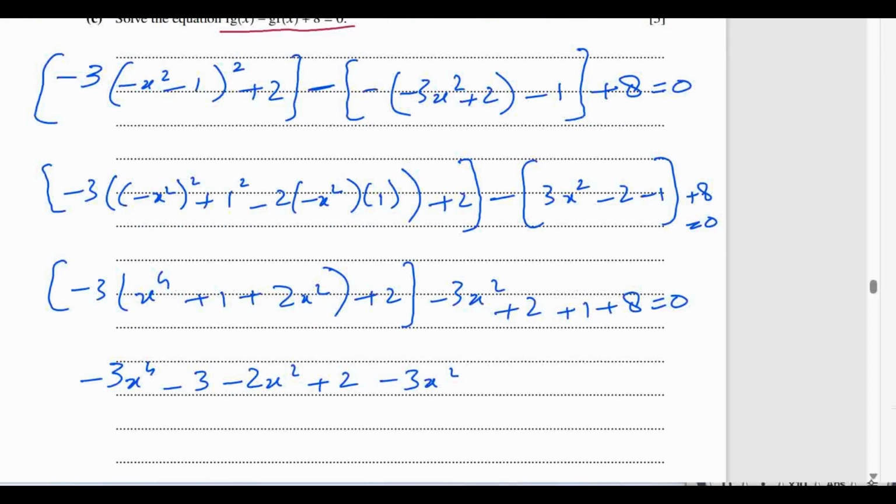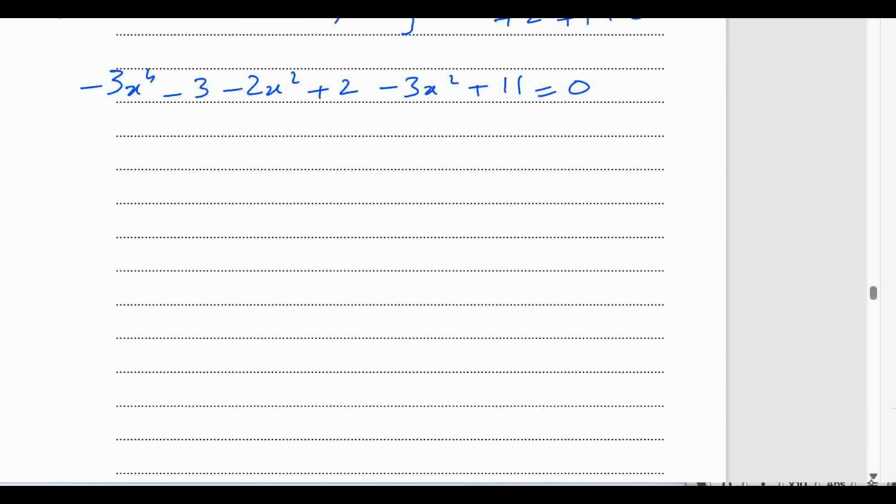Okay, this will be -11. So this will be +11 is equal to 0. Okay, now I hope that you can easily solve it. So this will become x^4 minus 18x square plus 12 is equal to 0.